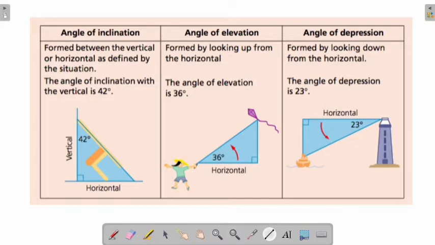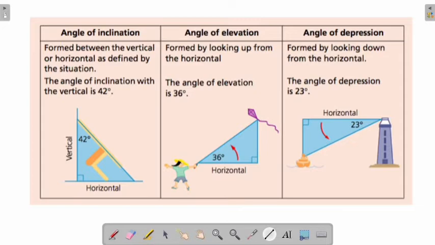Before we understand angle of inclination, we will first draw a horizontal line, as you can see. So this is your horizontal line, and another we will draw is a vertical line. When you draw horizontal and vertical, this angle formed will always be 90 degree.